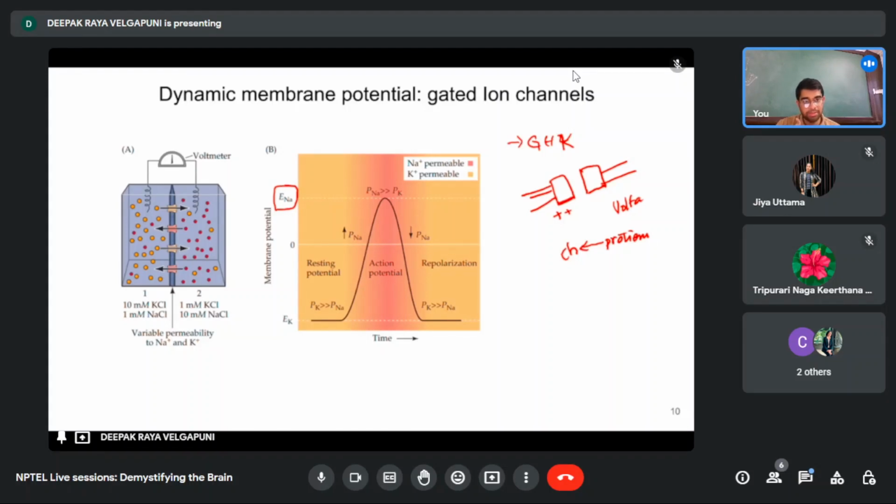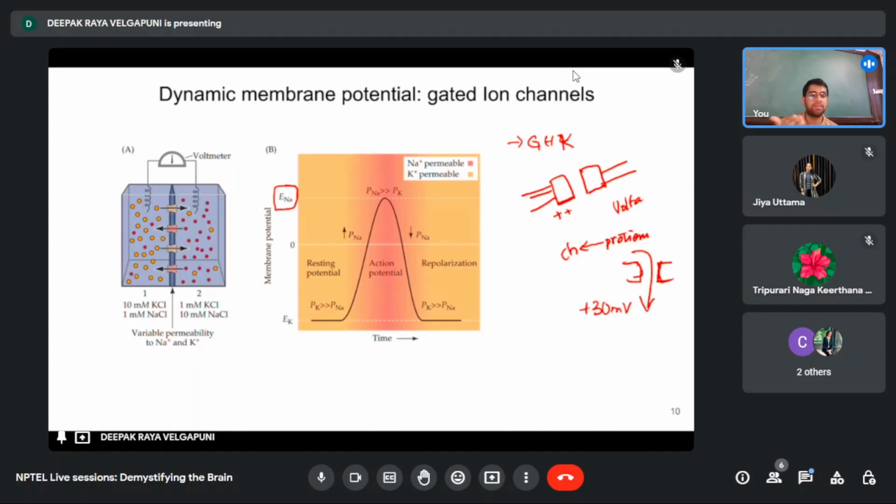Once it reaches that point, there are voltage-gated potassium channels, which sense that. The rule they follow is that once it reaches close to 30 millivolts, they just open up, and the potassium ions come inside.